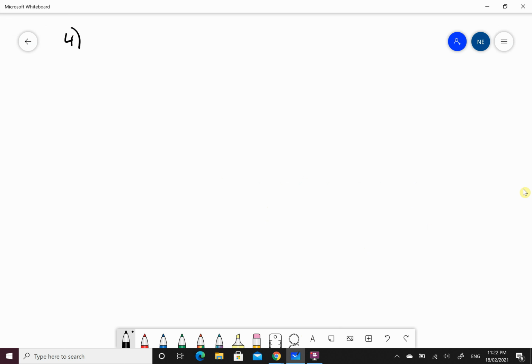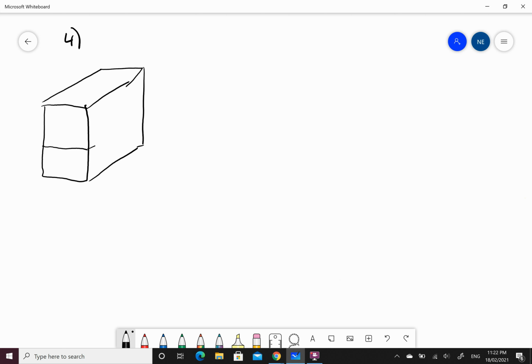Well, let's draw a picture. Pictures are always going to help us get our head around things. I have a tank. And in that tank, I have a level of water. And I have a level of oil.